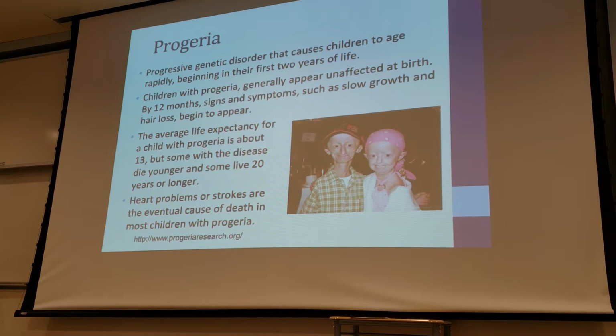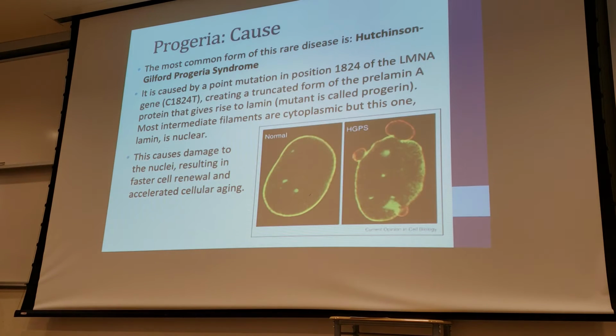This has to do with a single mutation in one of those intermediate filaments. A very common one, lamin A, has a single mutation that creates a shorter form of this lamin. So now it's no longer a long filament that helps provide structural integrity to the nucleus.